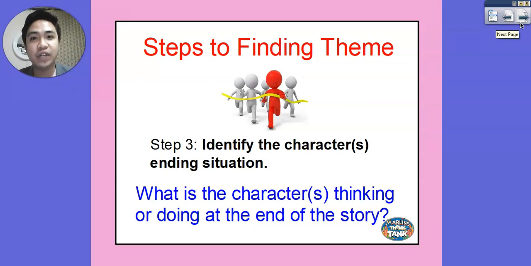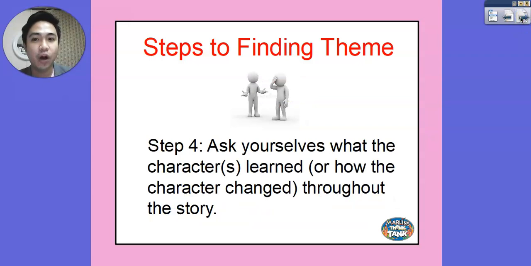What are the characters thinking or doing at the end of the story? And step 4, you need to ask yourselves what the characters learn or how the characters change throughout the story.